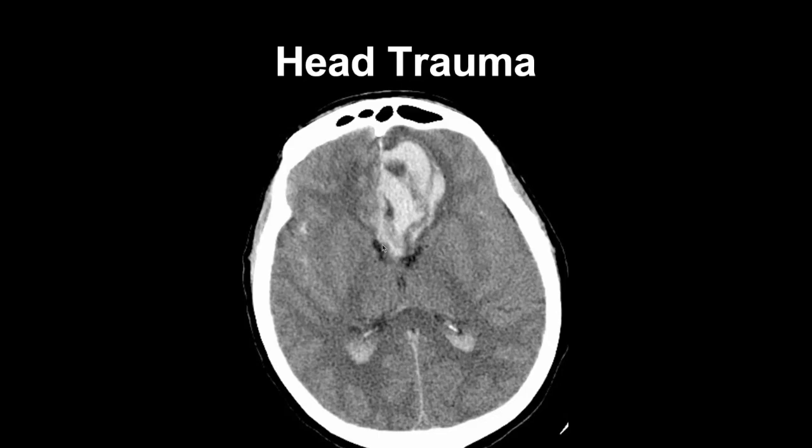And here you can see actually that there's also a little bit of subarachnoid hemorrhage in the sylvian fissures. There's also some intraventricular blood. And so all those little clues should raise your concern about the possibility of an underlying traumatic pseudoaneurysm, and should prompt you to recommend a CT angiogram.